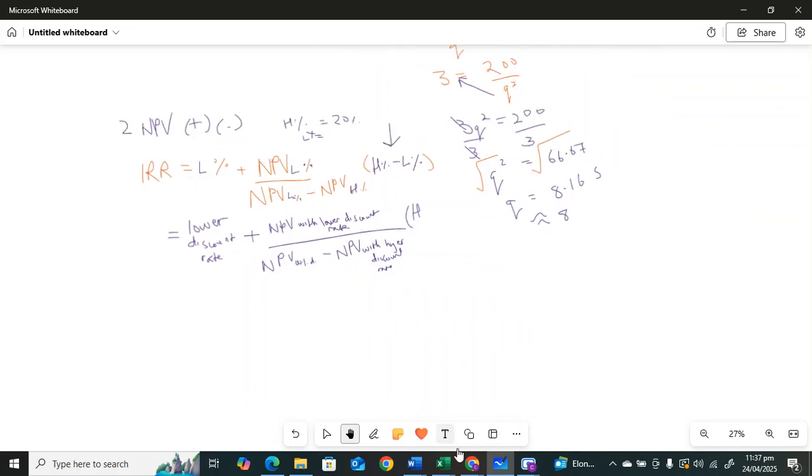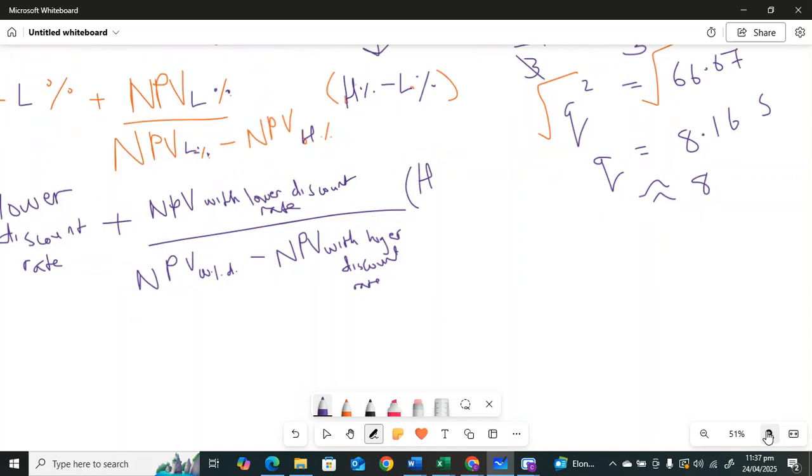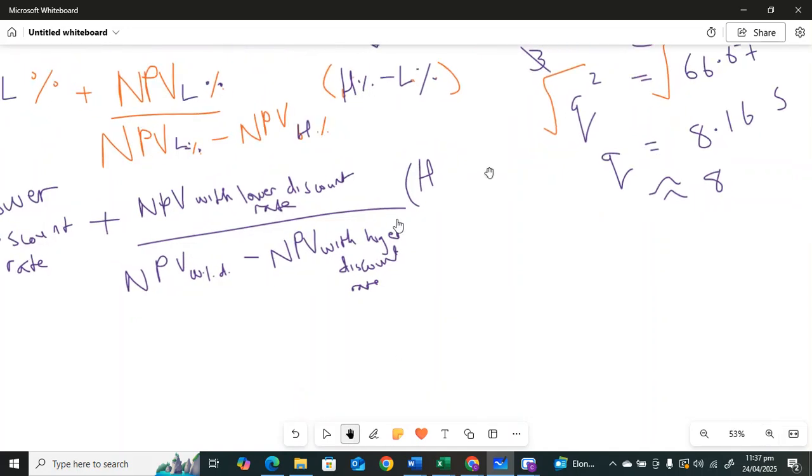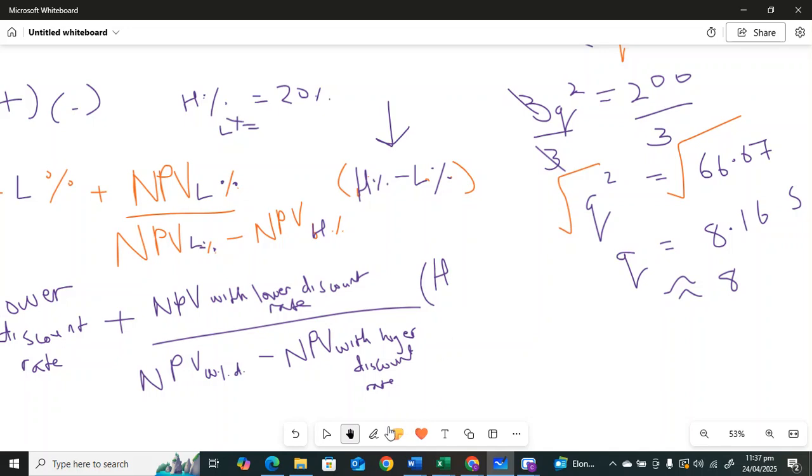Then next we need to know the net present value with the lower discount rate. What was the net present value with the lower discount rate? Did you write it down? It was that 3,000 we calculated earlier on.